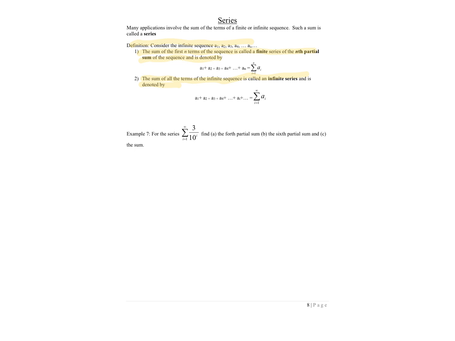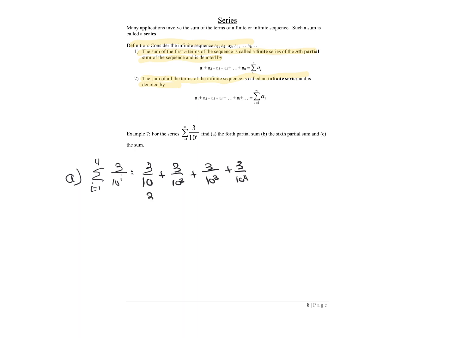So example 7 says that for the series, the sum of 3 over 10 to the ith power, find the fourth partial sum. So that means we go from i equals 1 to 4, 3 over 10 to the i power. So it's 3 over 10 to the first plus 3 over 10 squared plus 3 over 10 to the third plus 3 over 10 to the fourth.